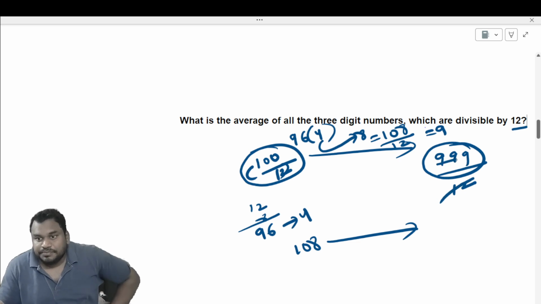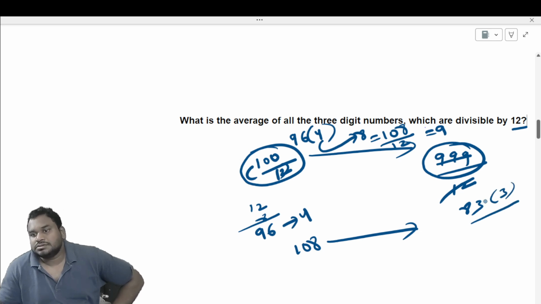So 12 9s are 108, again 12 3s are 36, 3 is remaining. So 3 is the extra value I am getting. I need to subtract it from 999, 999 minus 3, so 996.